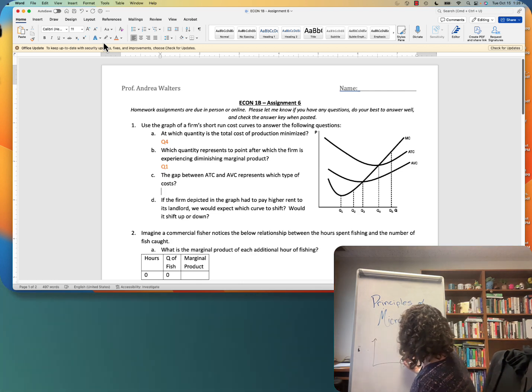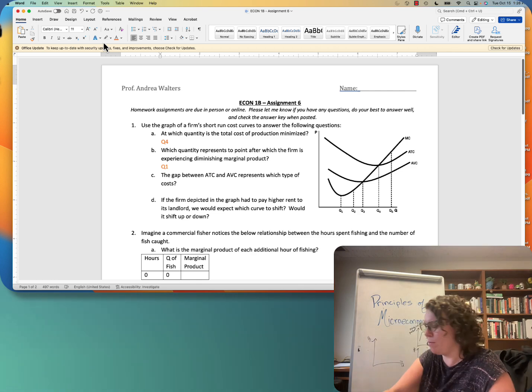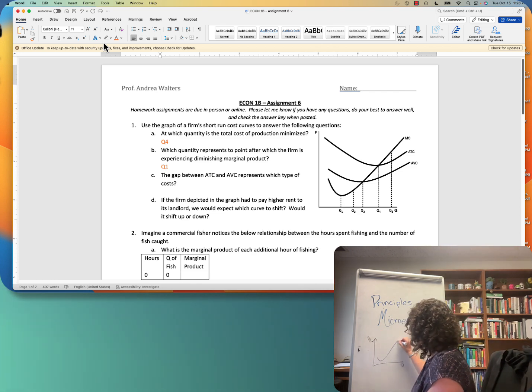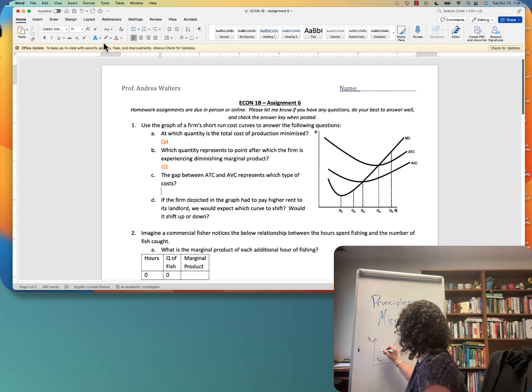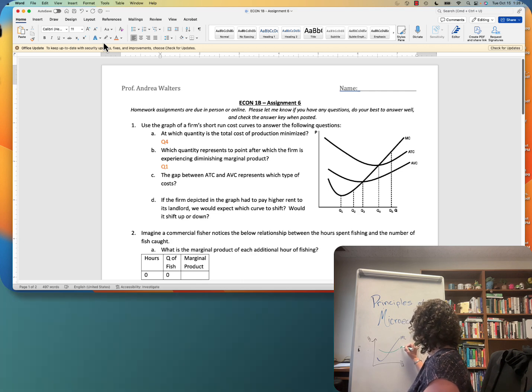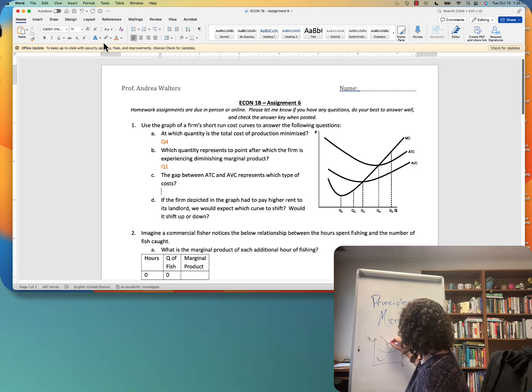But if we go back and put our cost curves up, we want to remember, oops, there we go. There's marginal cost, and we've got average variable cost and average total cost.